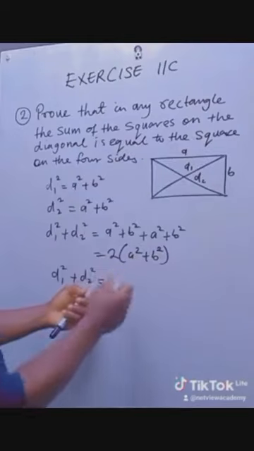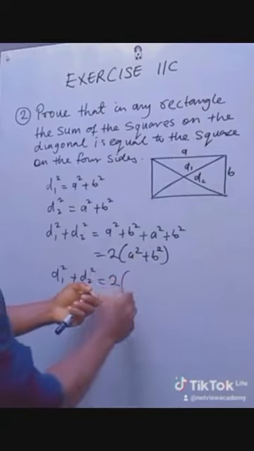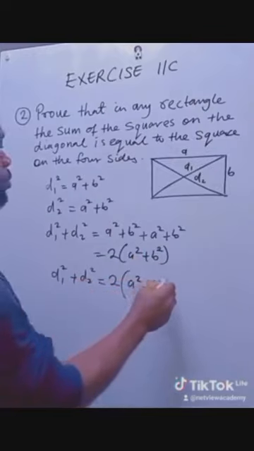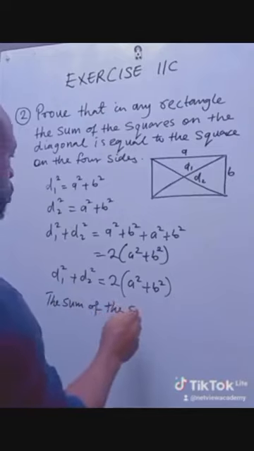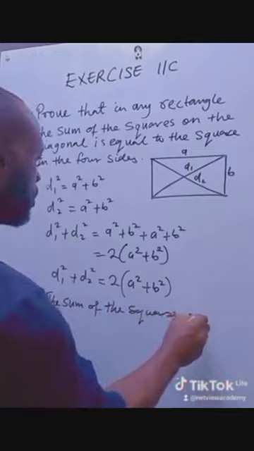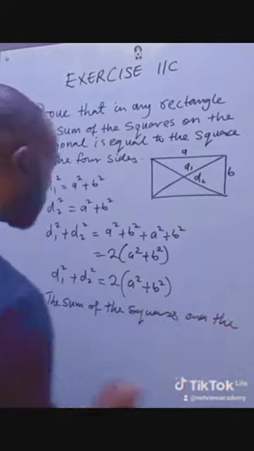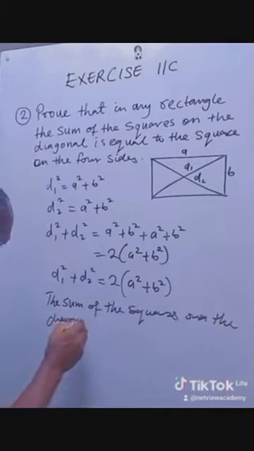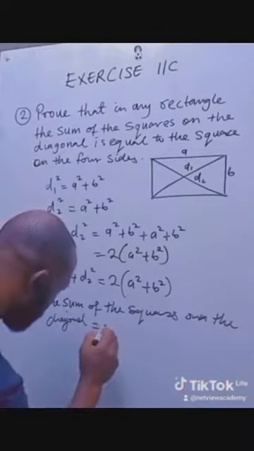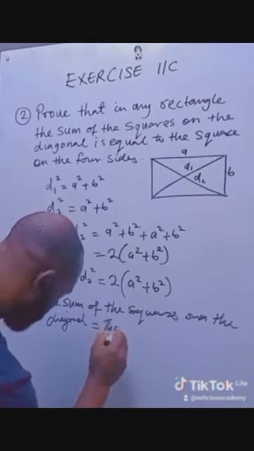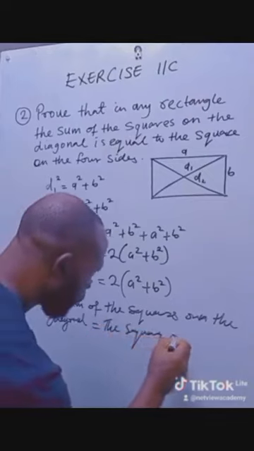And the sum of the squares on the 4 sides is equal to 2 multiplied by A squared plus B squared. Therefore, the sum of the squares on the diagonals is equal to the sum of the squares on the sides.